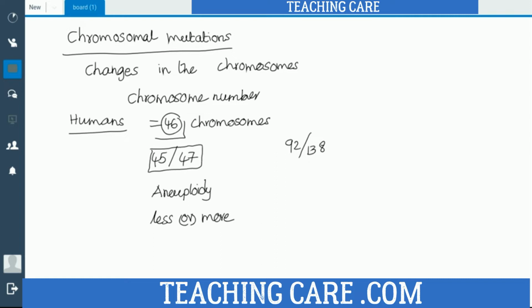If it is double or triple, this condition is called polyploidy.